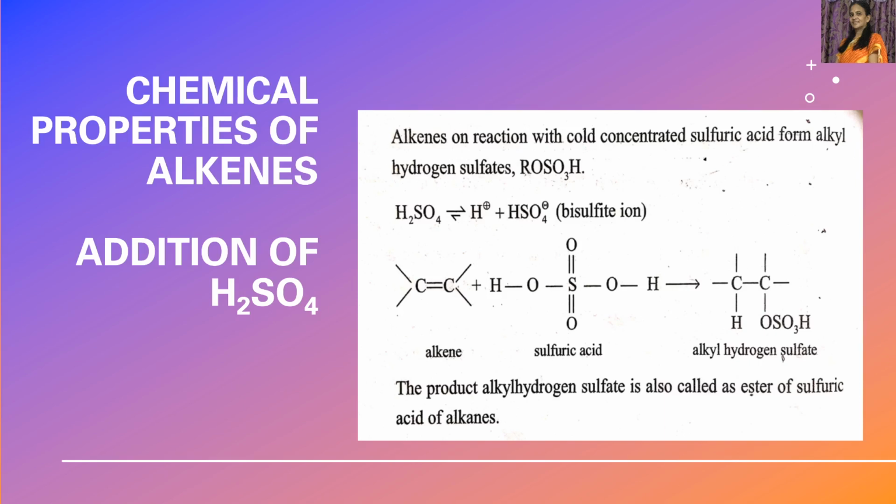So one pi bond is broken in the alkene, and two new sigma bonds are formed in the product. So this is an addition reaction, and it is an electrophilic addition reaction, as we said yesterday, because the electrophile initiates the addition reaction. The product is alkyl hydrogen sulfate.